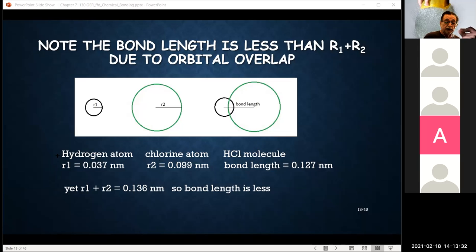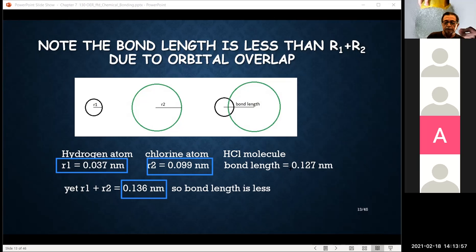If we look, this is the bond length. NM is just nanometers, just units of length. Not to worry about them, but you can see each one has its own individual radius. Now, it was thought that if the radii of hydrogen and chlorine were to combine, that would be 0.136. Turns out that's not the case.